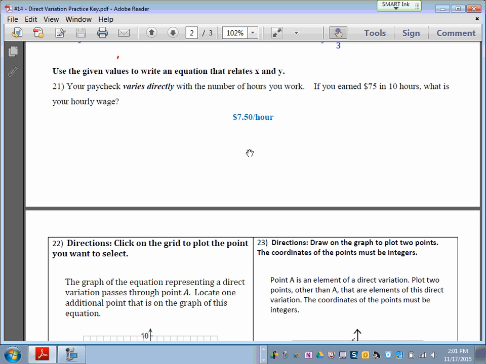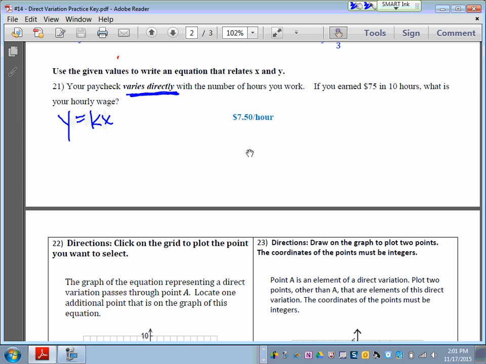Alright, number 21, your paycheck varies directly with the number of hours you work. Again, we see that terminology, varies directly. Anytime you see varies directly or is directly proportional to, we have to use our equation y equals k times x. It says if you earn $75 in 10 hours, what is your hourly wage?